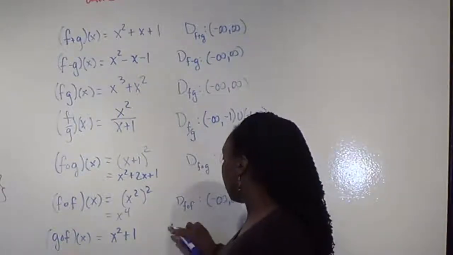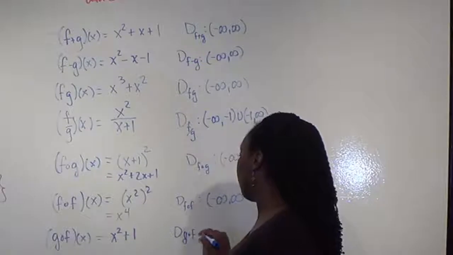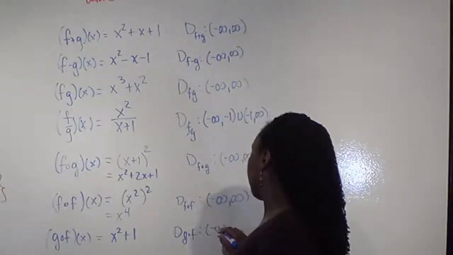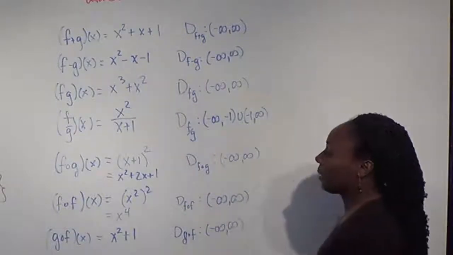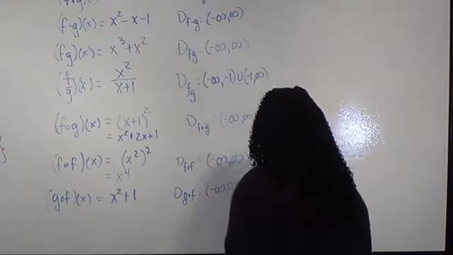So again, my domain for g composed with f is all real numbers. And then our last one that we're looking at is g composed with g.